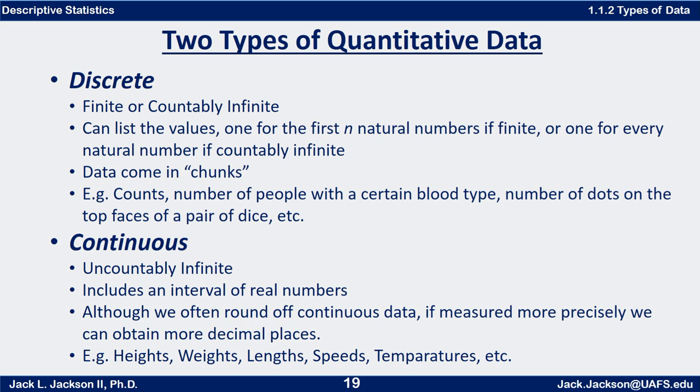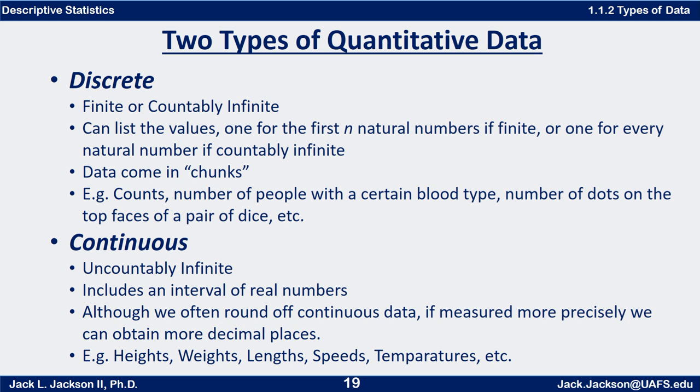It includes an interval of the real numbers, like all numbers between, say, 0 and 10, including all possible decimal numbers. Not only are there infinitely many there, they're what we call uncountably infinite. Now, even though we may round off continuous data, if we were to measure it more precisely, we could attain more decimal places.